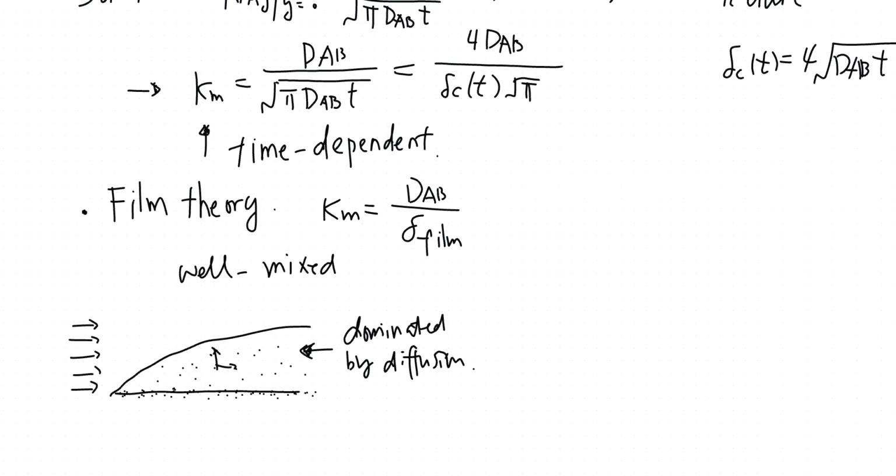For example, in the above example, you have a plate that diffuses into a stagnant medium. This is the perfect example.